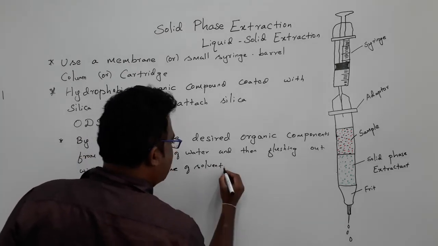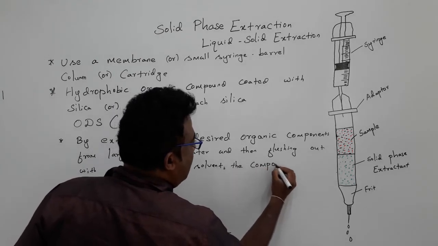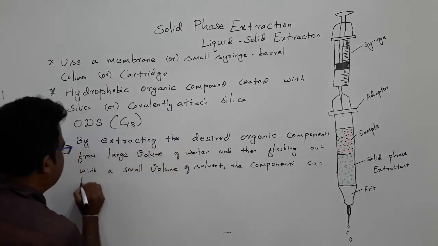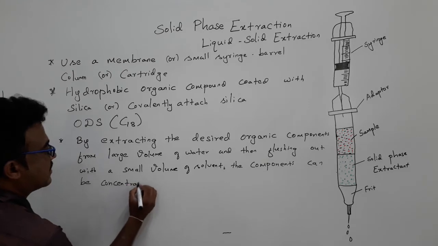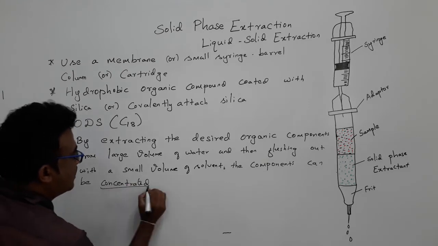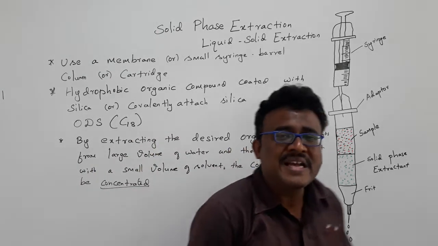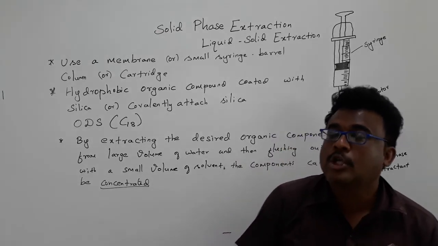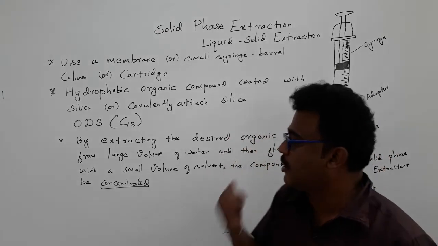In the small volume of solvent, the organic components can be concentrated. So this process is called the pre-concentration method. Usually such a pre-concentration method can be used to analyze trace amounts of organic components.